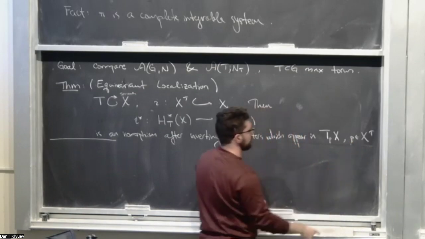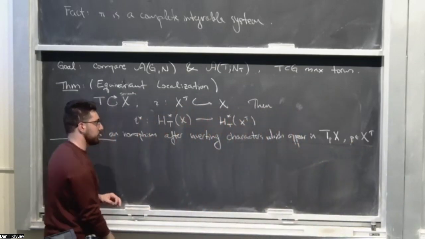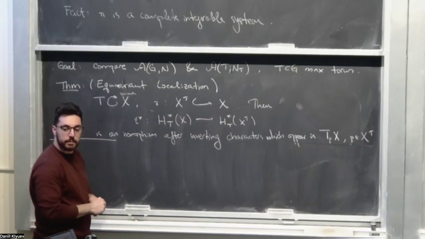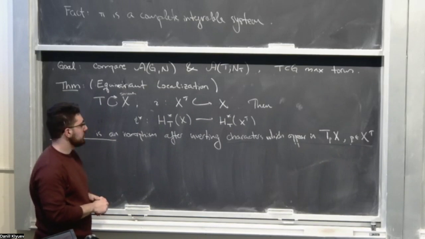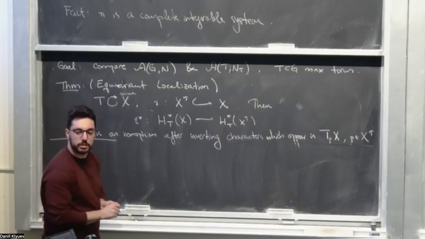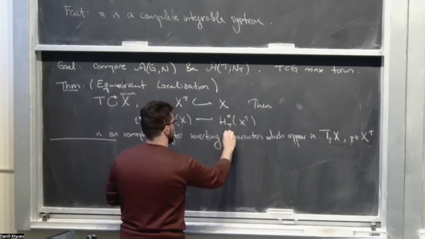Otherwise, I have to invert the Euler classes of the normals to the fixed point locus. I'm just not sure it works exactly like that. I think I have to say non-zero characters.